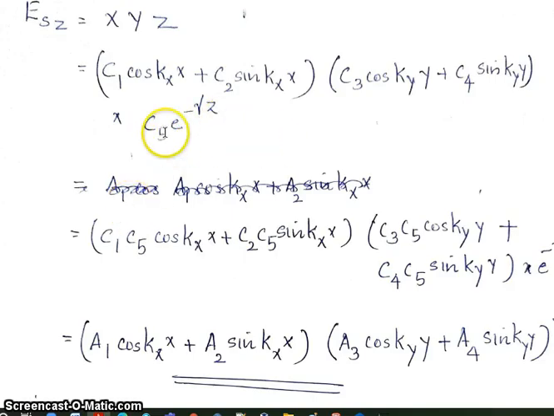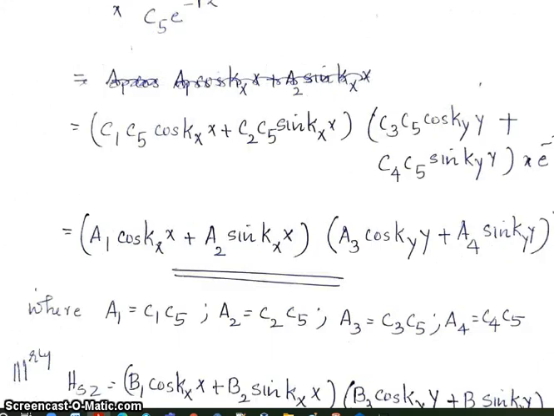The next step I am simply multiplying C5 with the terms inside the bracket, so I can write C1 C5 cos kx x plus C2 C5 sin kx x into C3 cos ky y plus C4 sin ky y into exponential of minus gamma z. Then C1 C5 is represented as A1, C2 C5 as A2, C3 as A3 and C4 as A4.